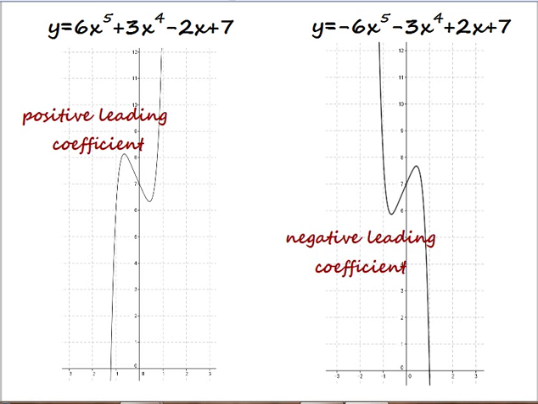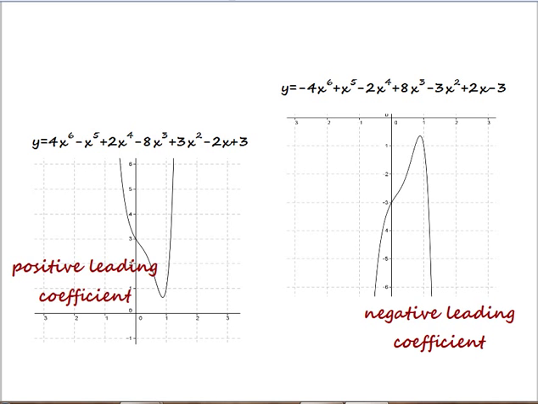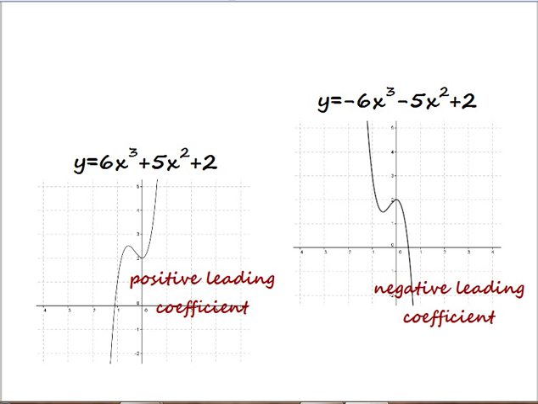Notice that one has a positive leading coefficient, the other negative, and they're both odd degree polynomials. Next, we have some more 6th degree polynomials, one with a positive leading coefficient, one with a negative. These are both even degree polynomials. Some 3rd degree polynomials, one with a positive coefficient, the other with a negative, and they're both odd degrees.